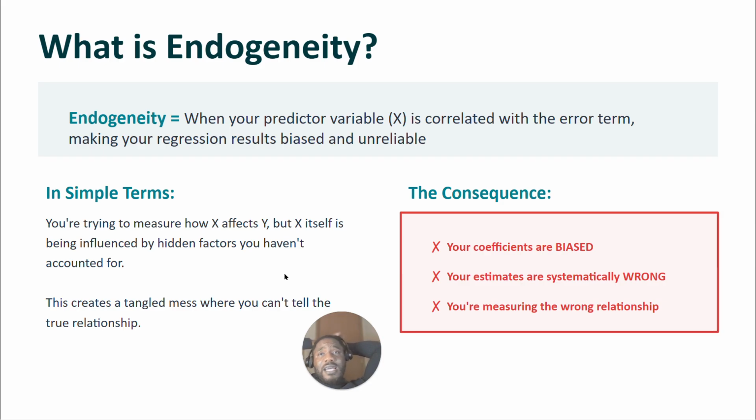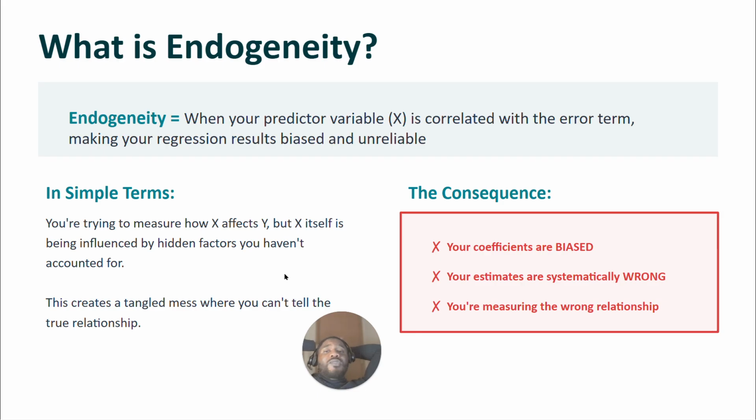This creates a tangled-up mess where you can't tell what the true relationship is.